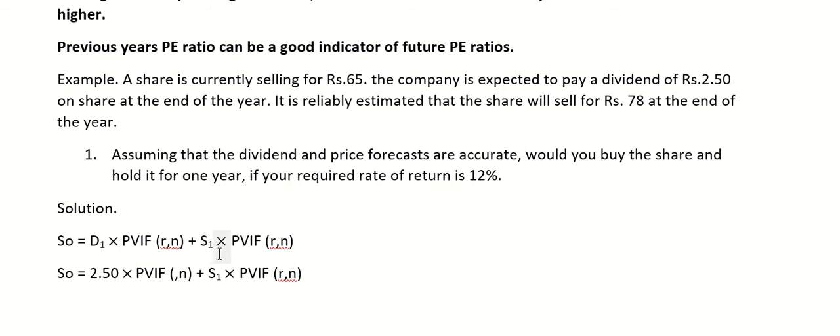Here R is the required rate of return, that is 12%, and the holding period is 1 year. Similarly, you expect to sell it at rupees 78, and again your required rate of return is 12, and the holding period is 1. Now we will see the values in the table.